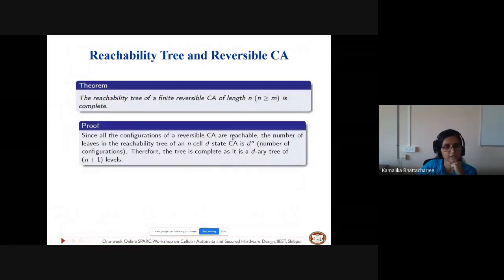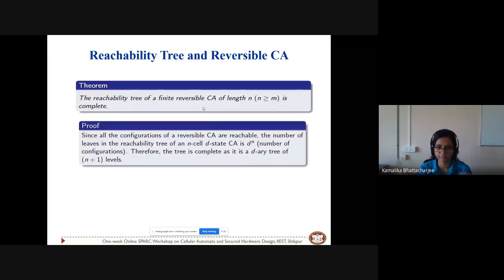So as I was hinting, we can decide reversibility by seeing the reachability tree. If it is complete, then it is reversible, because all the configurations of a reversible CA are supposed to be reachable. That means all configurations would be present in that tree.